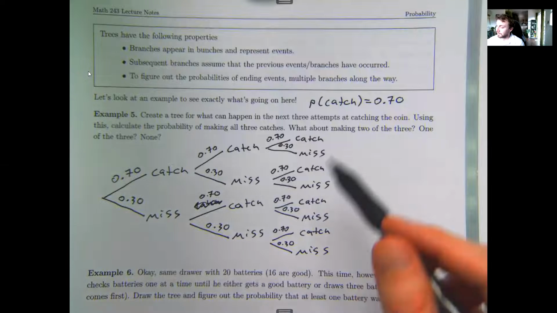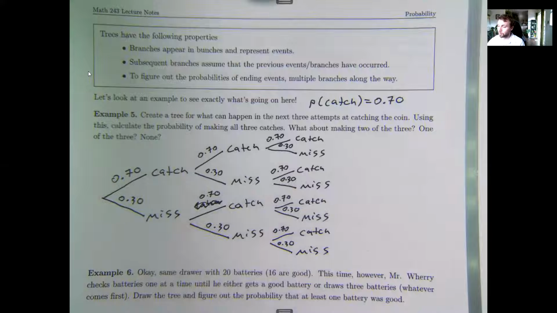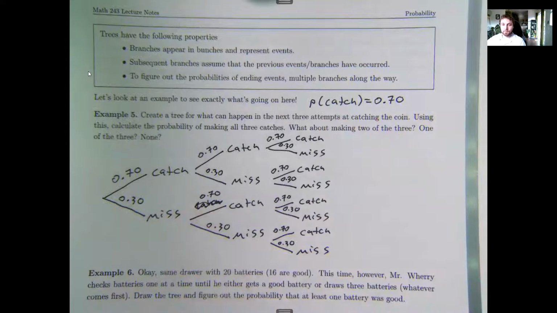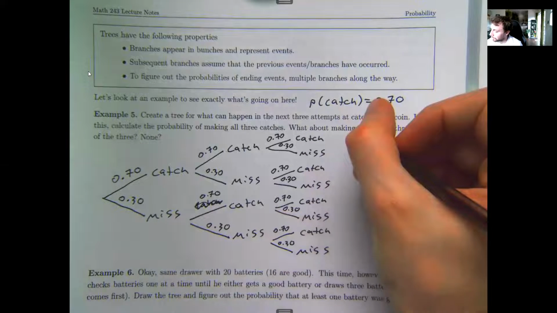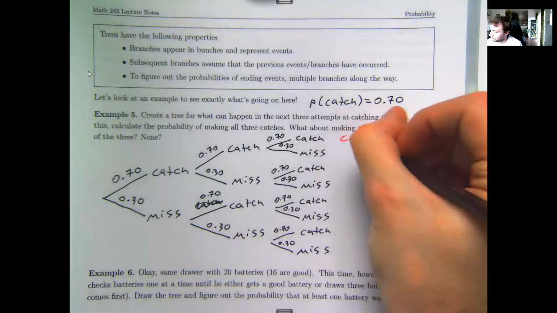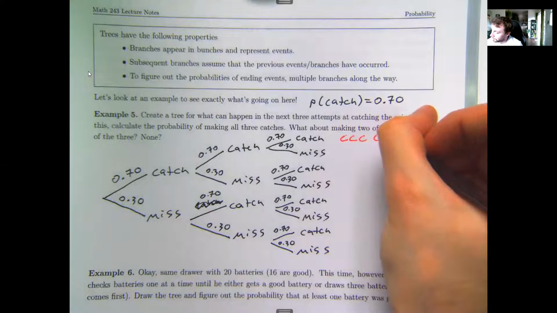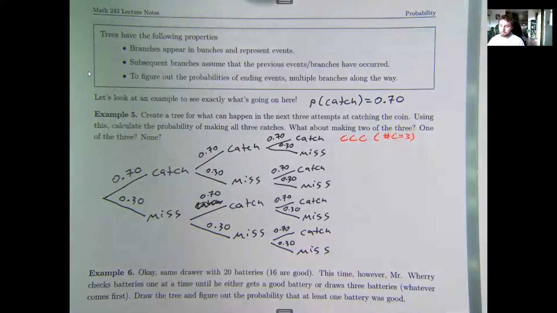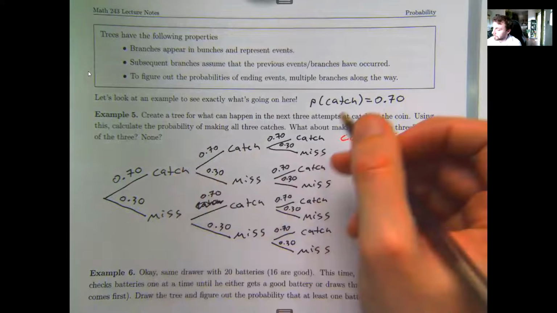So let's count how many times we catch it going through these sequences. So at the top, I have catch, catch, and catch. So the number of times that we catch here is 3. Catch, catch, and miss.